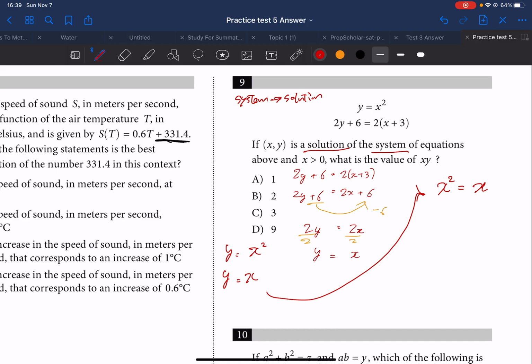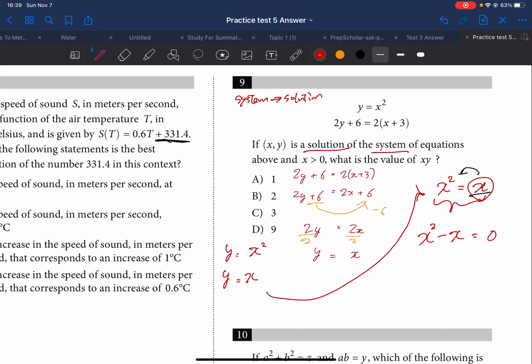But then don't forget that you should treat this as a quadratic equation. So let's move this x to the left side. We have x squared, and this becomes negative x, equals 0.